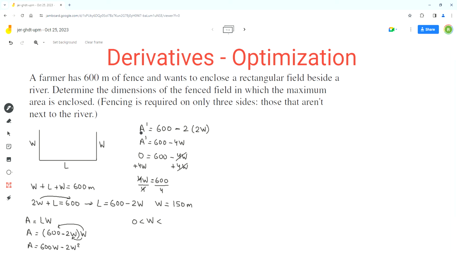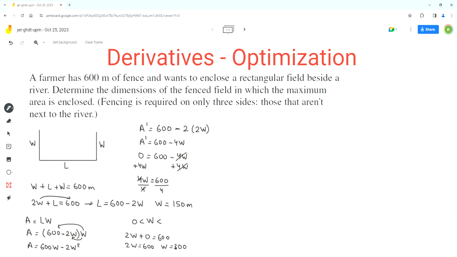So if we sub in L as 0 in this length equation, then we will get, so I can show you the steps here. So 2W plus 0 equals 600. And if we solve this equation, we get 2W equals 600 and then W equals 300.